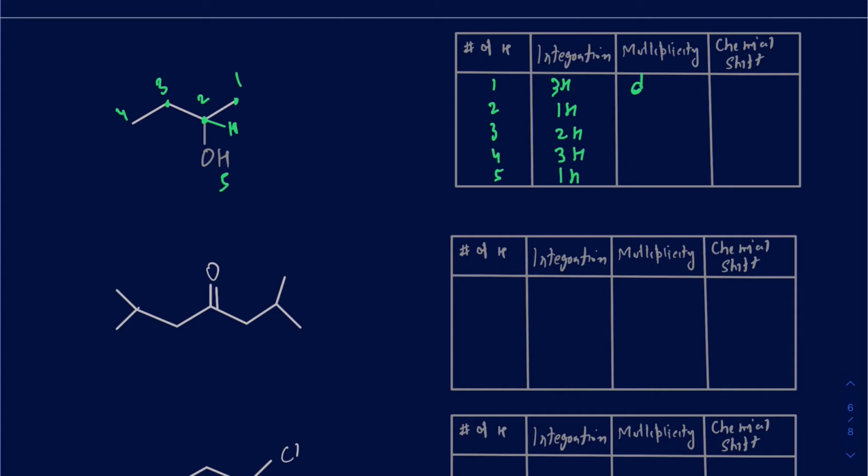If you take maybe a special topics course, you may see every once in a while where the alcohol protons are coupling, but usually the alcohol protons do not couple with the adjacent protons. So I'm just going to be focusing on the protons on carbon 1 and carbon 3. Carbon 1 has 3 protons and carbon 3 has 2 protons.